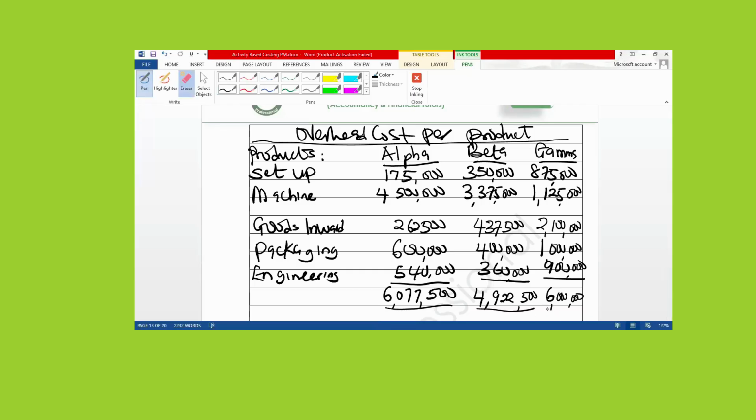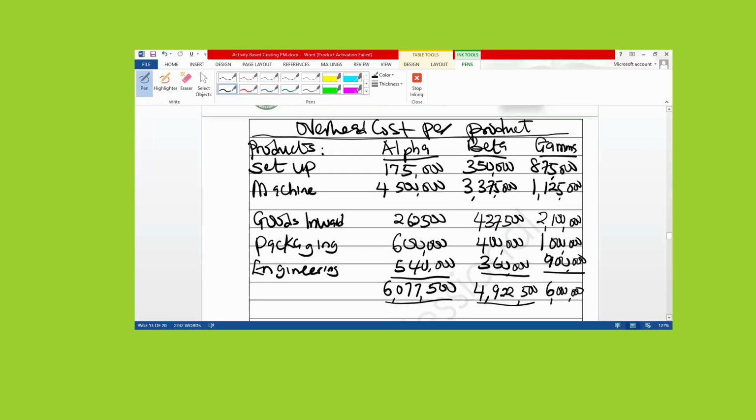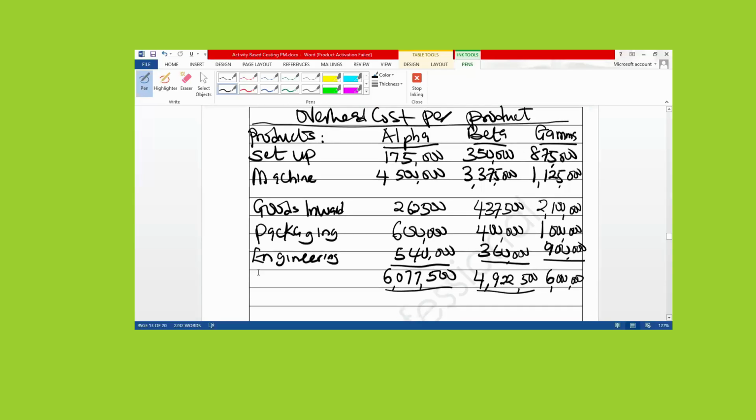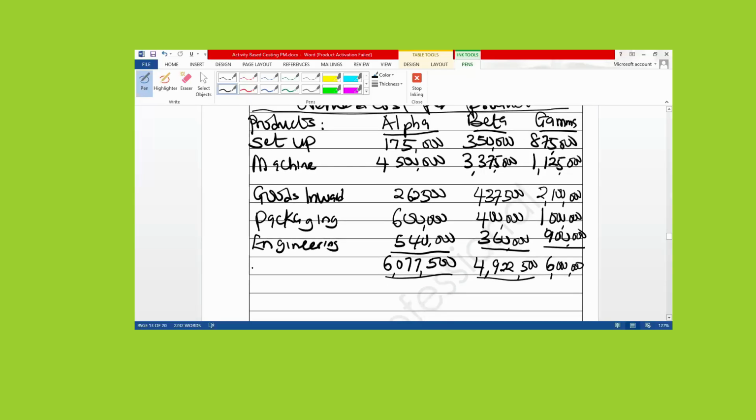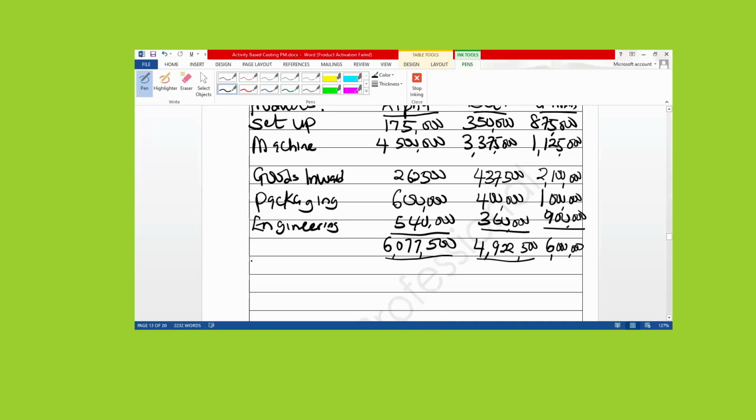we have gotten total overhead per product. What is overhead cost per unit? In that case, introduce number of units. Production units now.